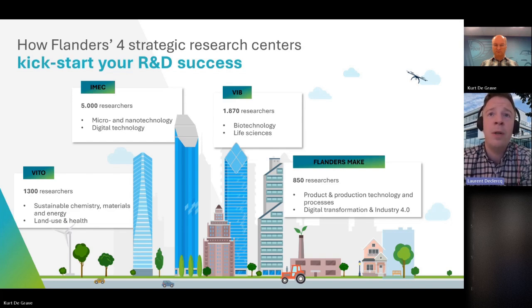So we are about 850 researchers spread across a network of organizations, be it the well-known universities as well. They are all part of our network. So we are focusing on the manufacturing industry, and so that's why we are also involved in this project.